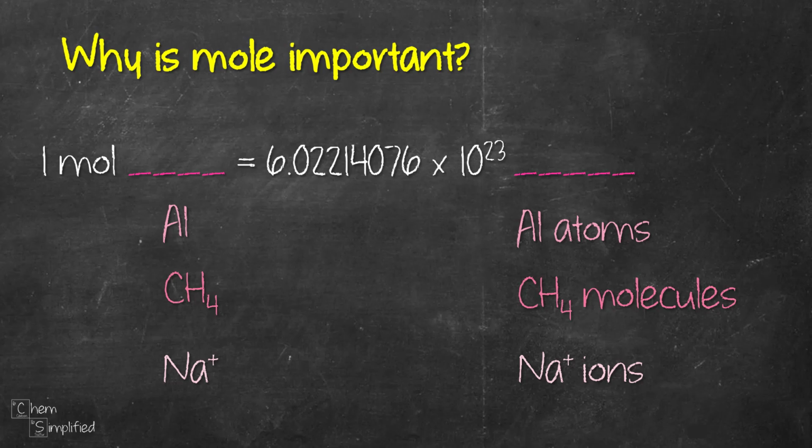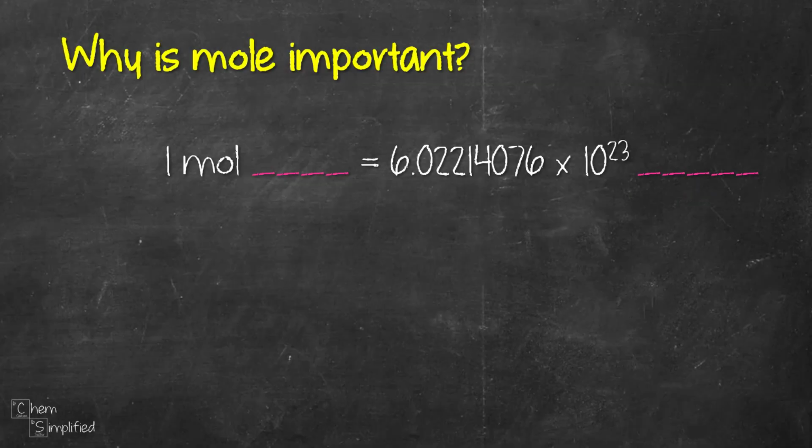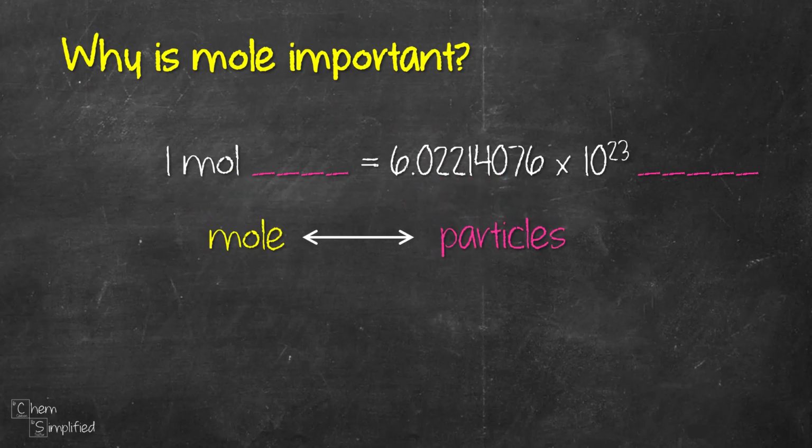And just to be specific, atoms, molecules, ions, we can group them together and call them particles. So when you say 1 mole of any particle is the same as 6.022 times 10 to the 23 of any particle, that means using Avogadro's constant, we can easily calculate back and forth between moles and particles.